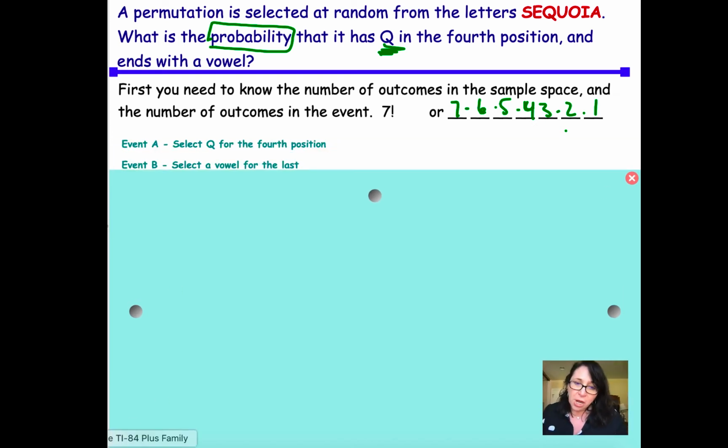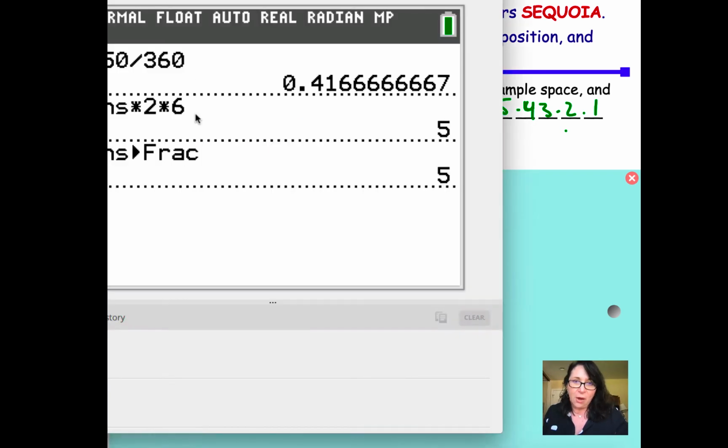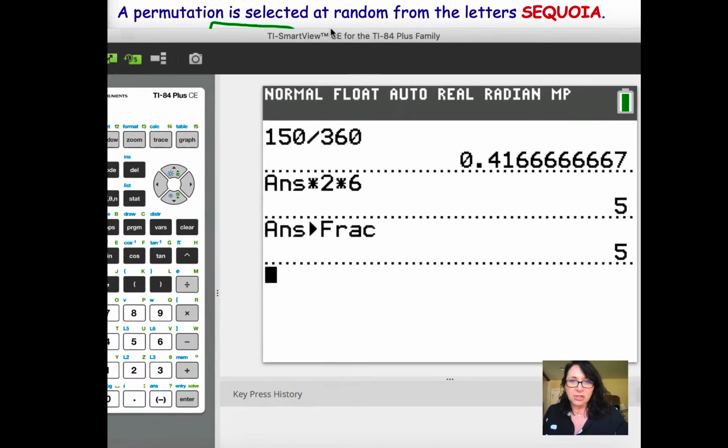Remember that you can also type this into your calculator. You absolutely want to know how to use your calculator for this. I'm going to show you how to do that.